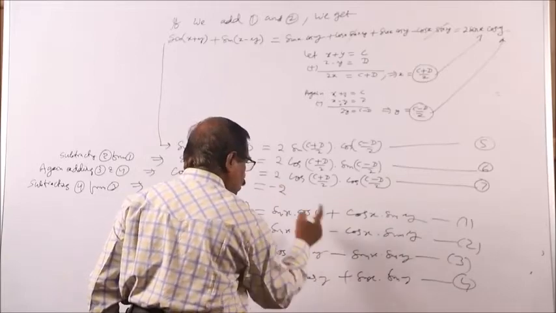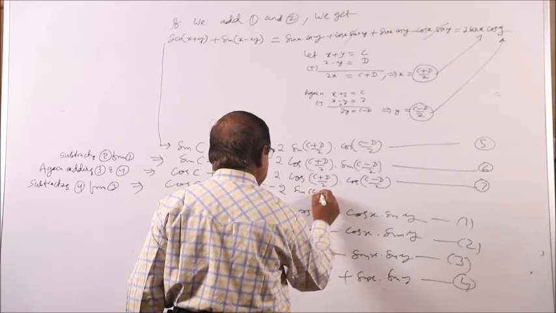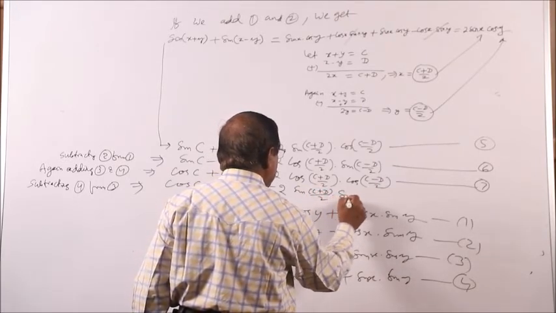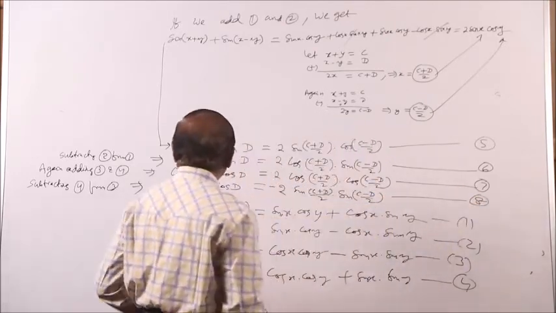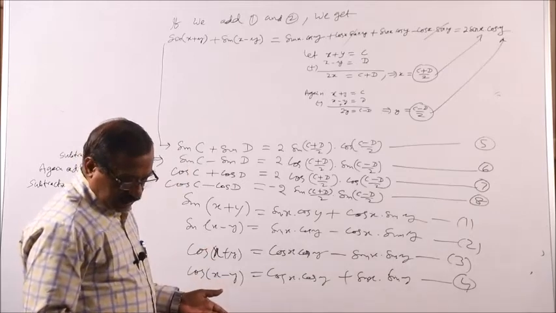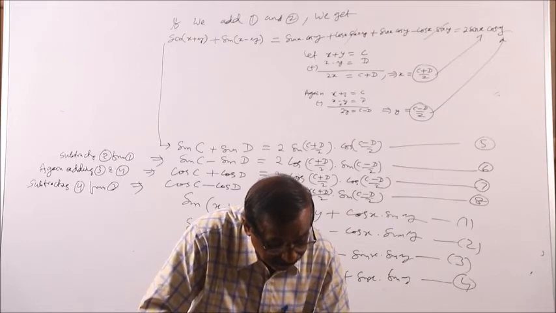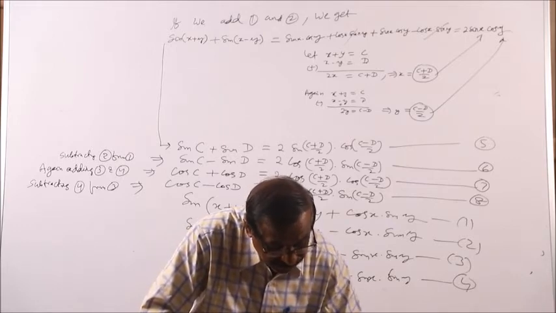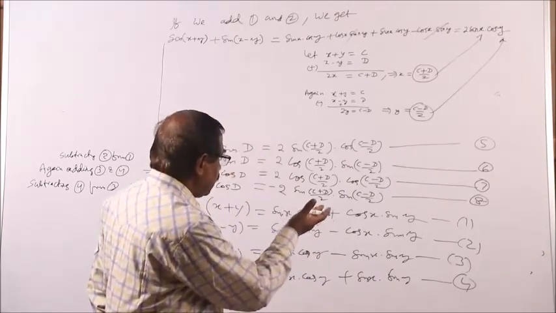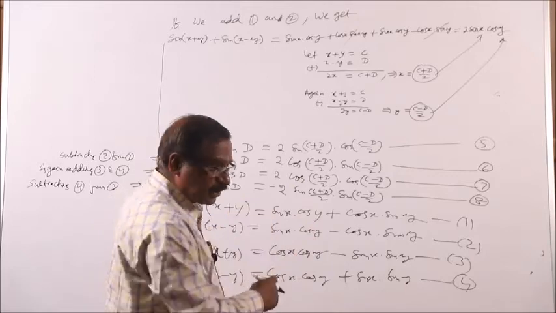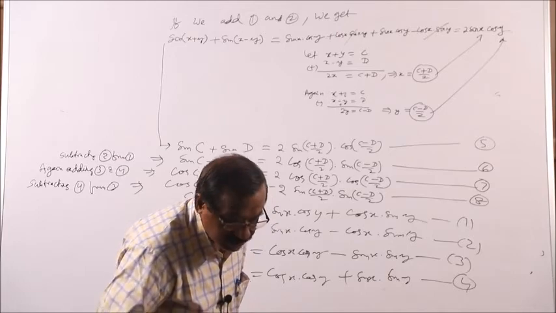So we get minus 2 sin x into sin y, that is minus 2 sin((c+d)/2) into sin((c-d)/2). This is another formula, the last formula. Now, because we have these 8 formulas, let us do other derivations also, that will be easier today to derive those things.